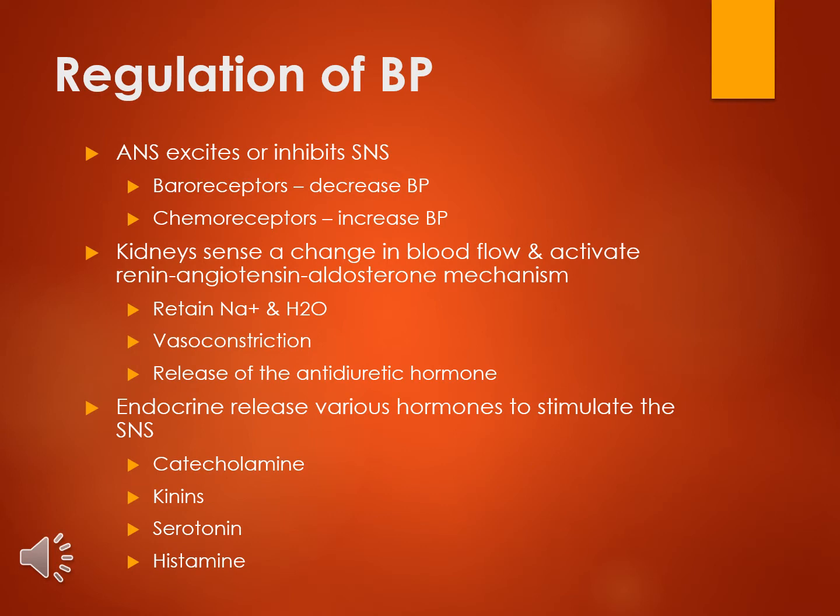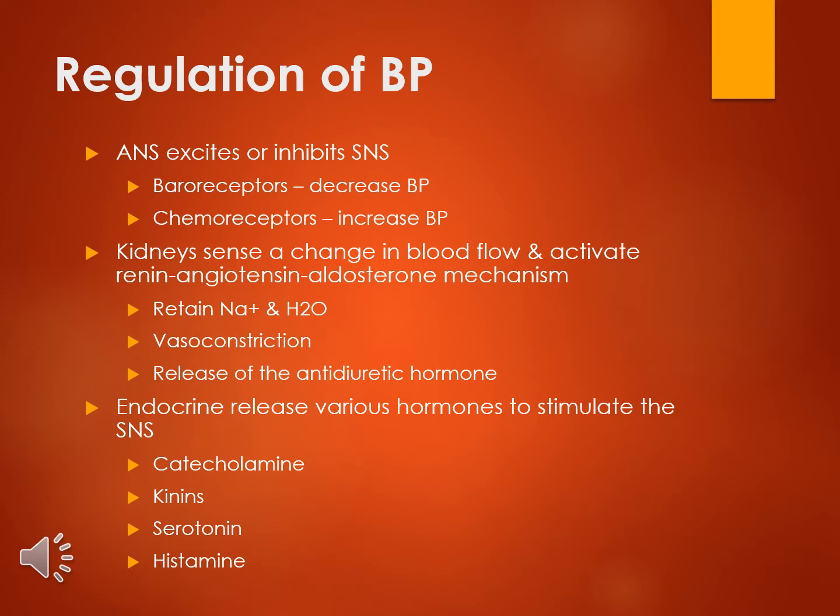The kidneys will sense a change in blood flow and activate what is called the renin-angiotensin-aldosterone mechanism. It tells the body whether to retain sodium and water. It tells the body we need vasoconstriction to occur. It also tells the body to release antidiuretic hormone if needed.